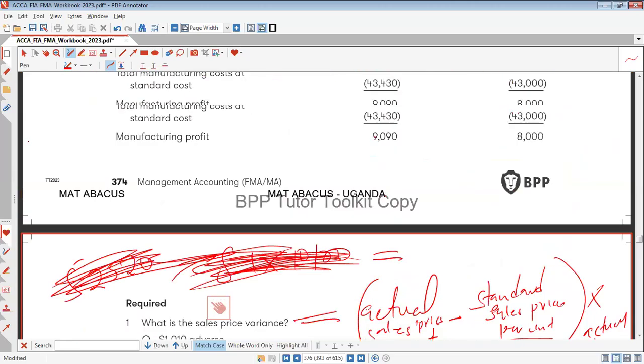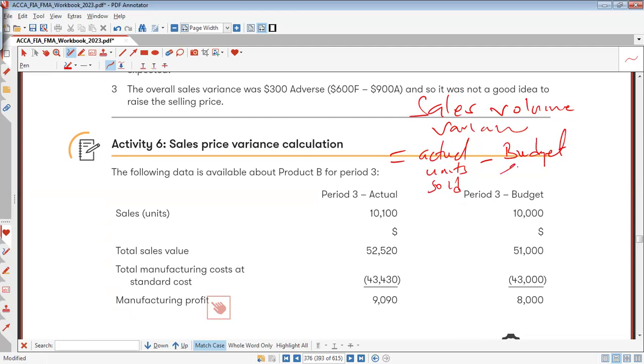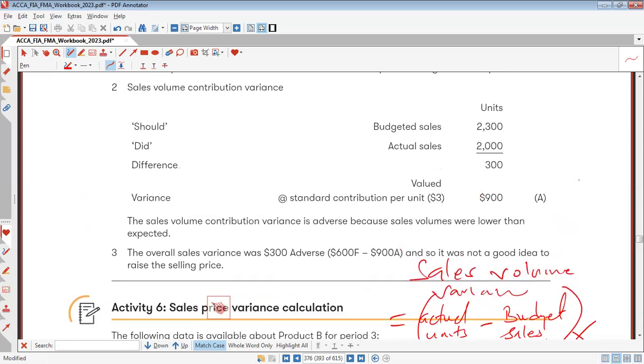Then for the sales volume variance, if I can space it here, sales volume variance is equal to actual units sold minus budgeted sales units, times, I think many of us have been looking for contribution. Like I said, you just have to look at whether they wanted you to use standard marginal or absorption costing.